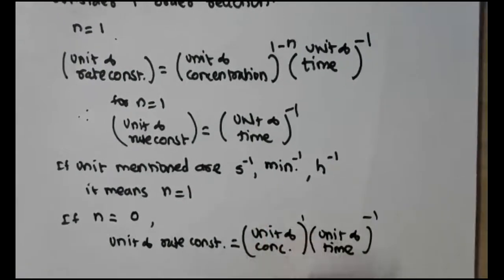You can take the minus 1 into the denominator. So unit of concentration divided by unit of time.